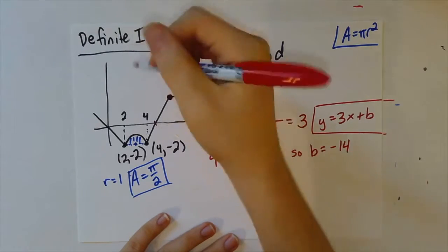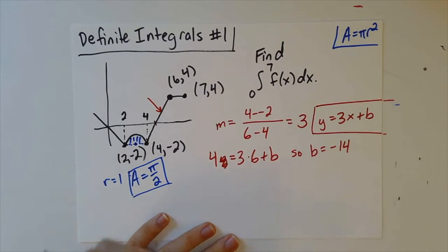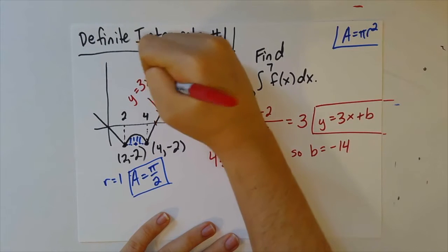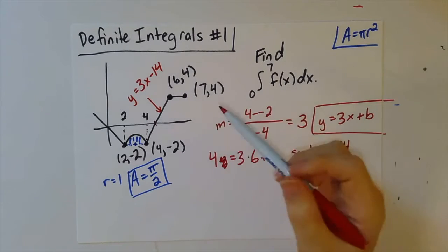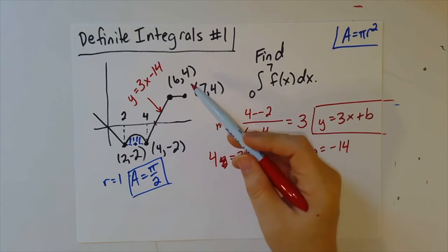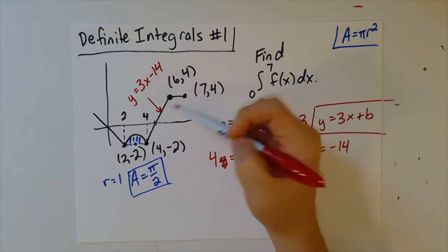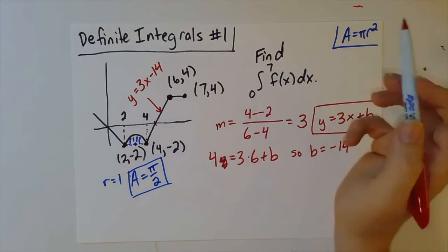Okay, so this line here, its equation is y equals 3x minus 14. Again, please note your graph might be slightly different, so your line might have a different equation, but you can still find the equation of the line by looking at the 2 points that are on it.